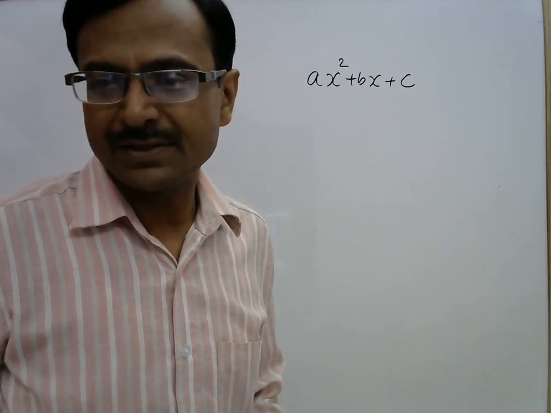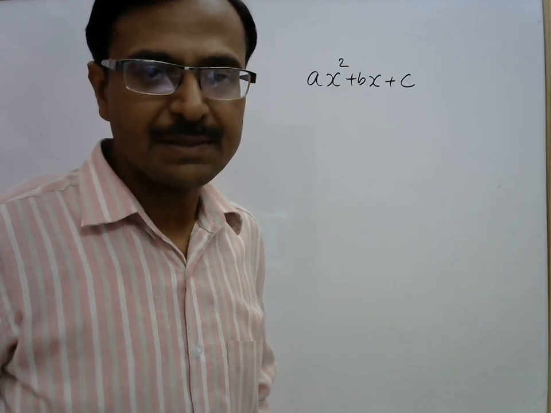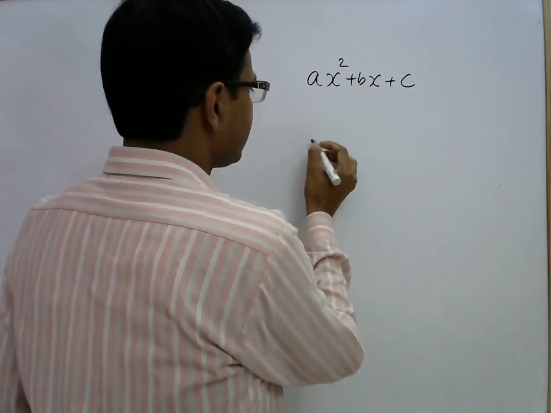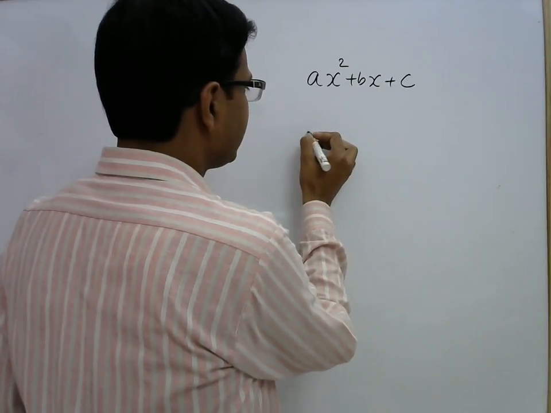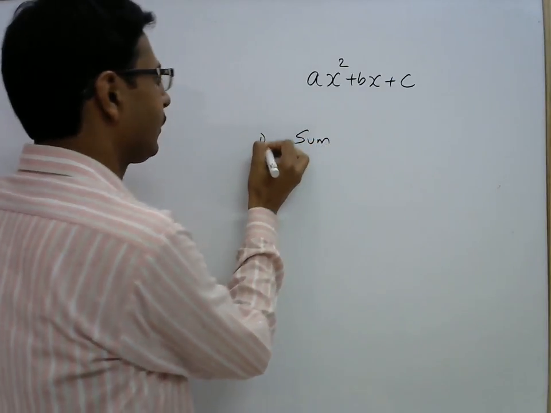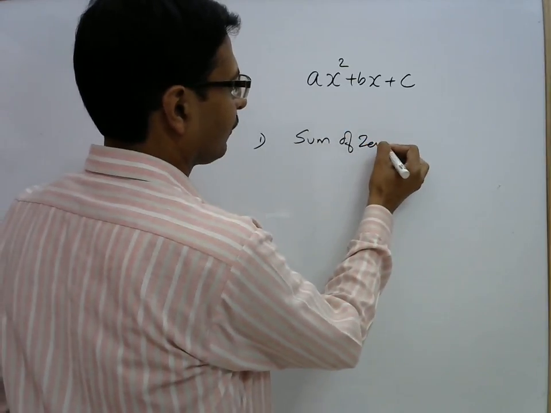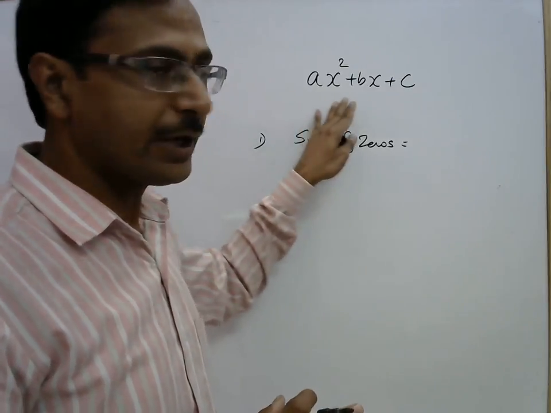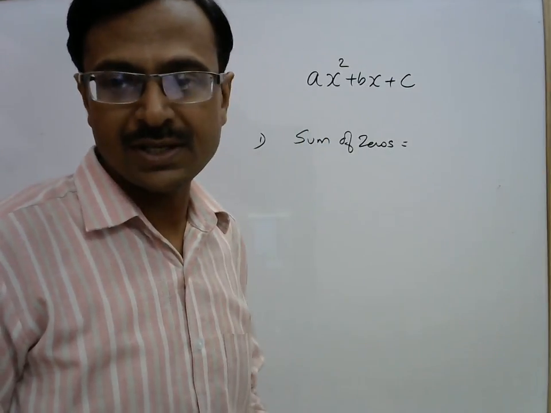So I'll take a very simple example to tell you the concept behind this. Suppose the sum of zeros, that is, 2 zeros are there for a quadratic polynomial, and the sum of zeros is given.